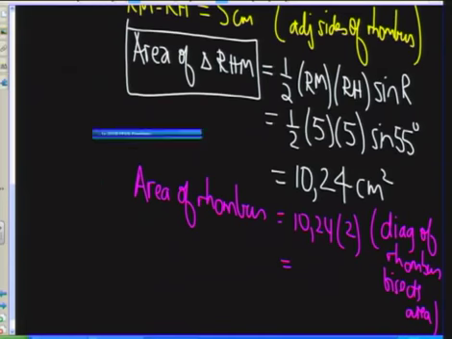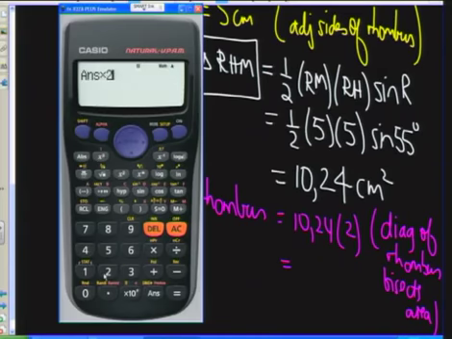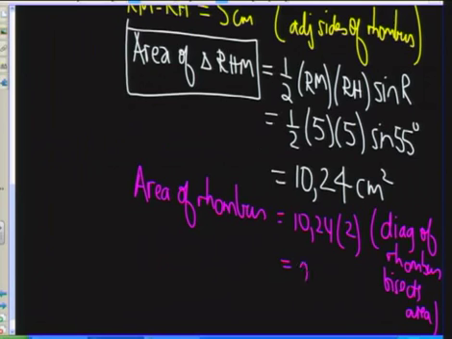So doubling that would give us 20,48. Don't forget units. We were working in centimeters, so that will be centimeters squared.